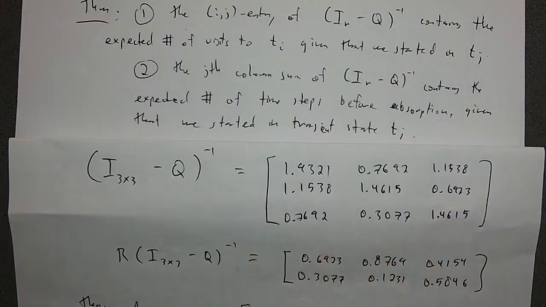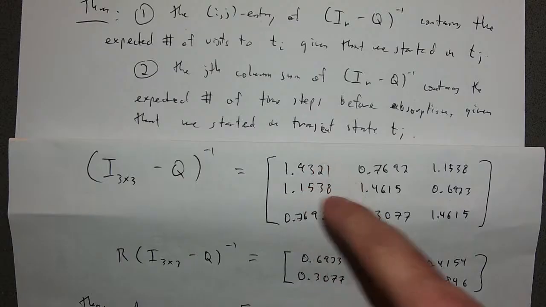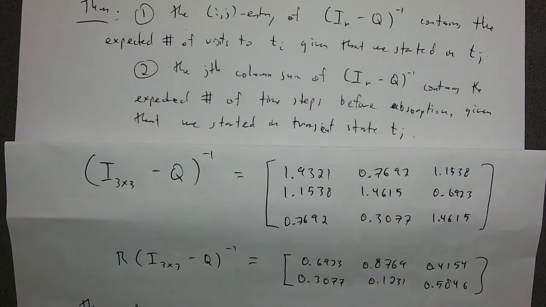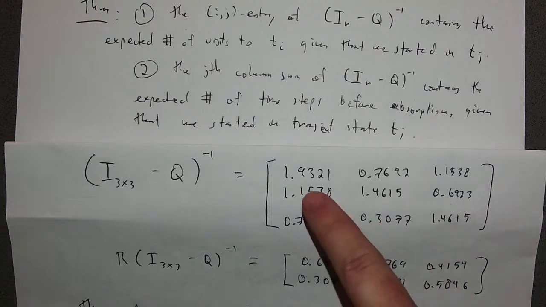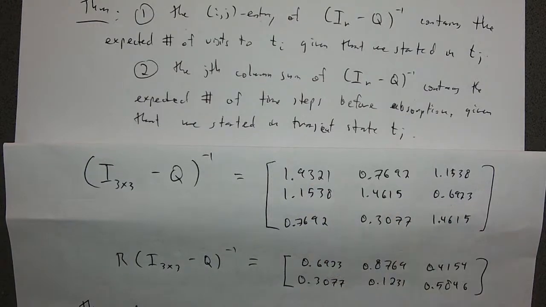I computed this. According to this theorem, this first entry says that if the game starts in deuce, then the expected number of times it will be in deuce is 1.9321. Okay. Notice this counts the starting deuce. Because of that, all these diagonal entries, because they're tracking a similar thing, should be at least 1, and they are. Okay.